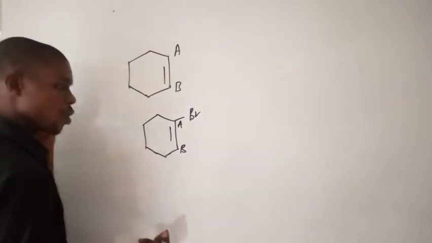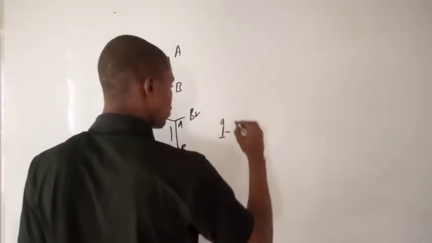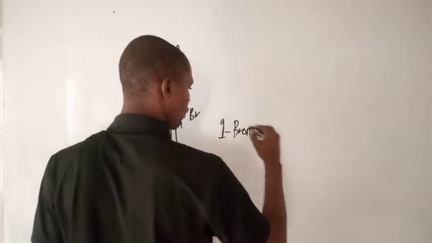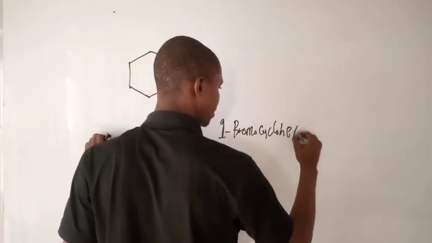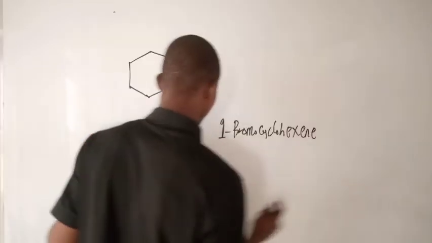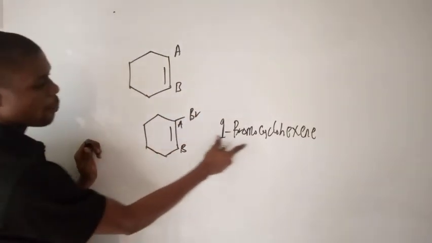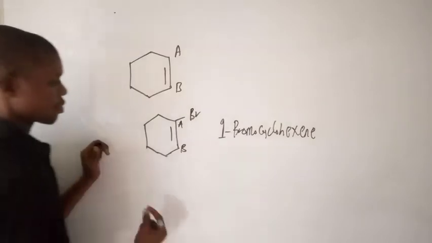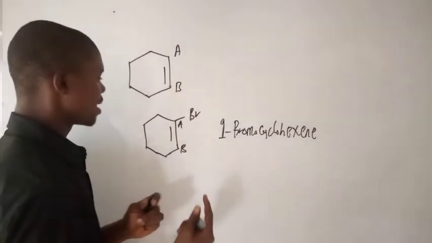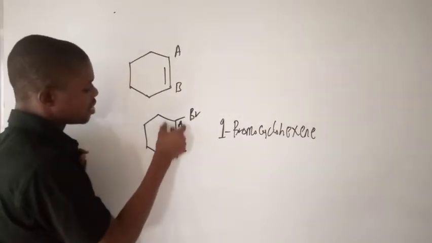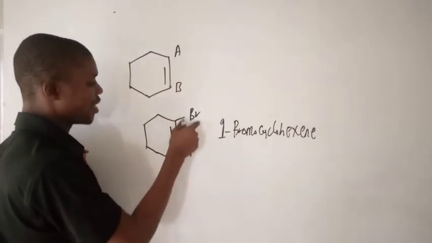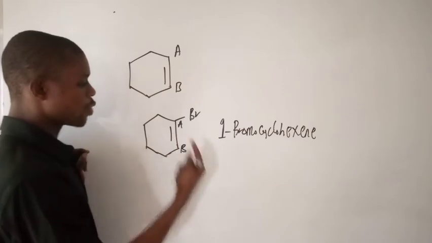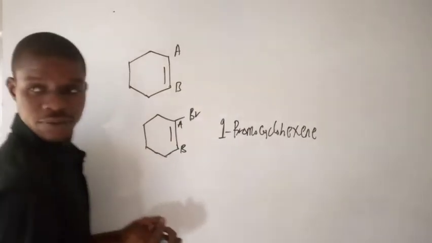So the name is going to be 1-bromocyclohexene. So what you want to keep in mind is that of the two carbon atoms of the double bond, if one carries a substituent, that point becomes my carbon 1. You get it.